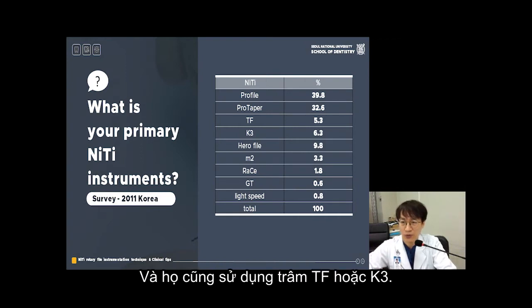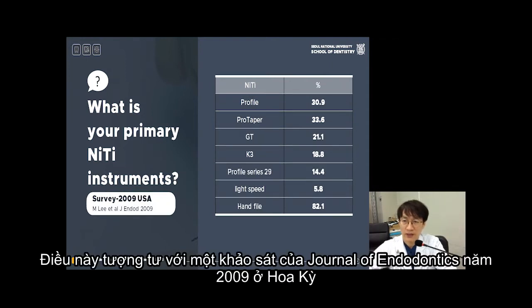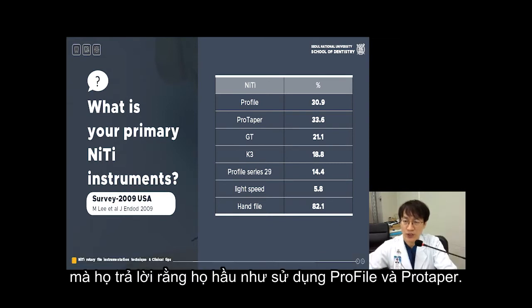And they also use the TF file that you use, or the K3 file. It is similar to the survey in the Journal of Endodontics in 2009 in the United States, where they answered that they use ProFile and ProTaper most of the time.